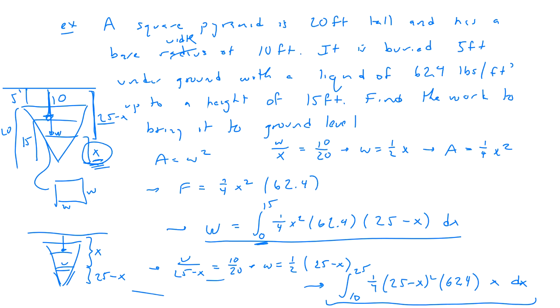So if I'm doing a positive work on the water, it's doing negative work on me. So I don't worry about the sign. So that's why I don't worry about that. This top integral should really be 15 to 0, because all that does is switch the sign. So to make these two integrals equal, it should be 15 to 0 and 10 to 25.